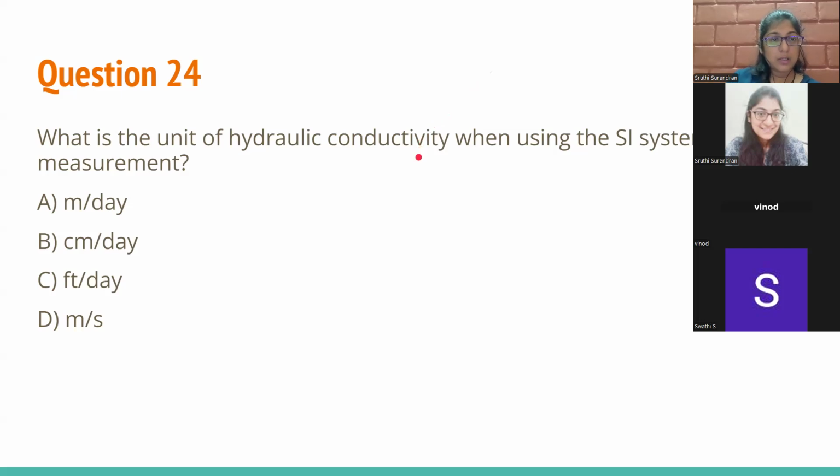Okay. The correct answer is D. It is in meters per second.